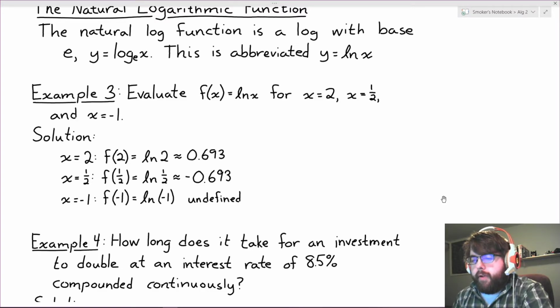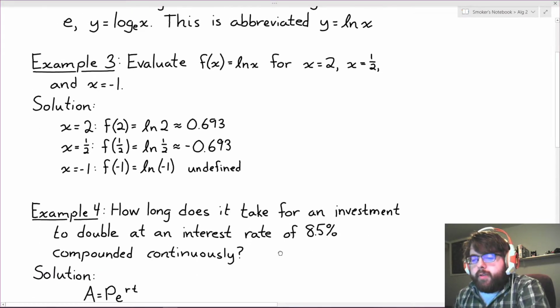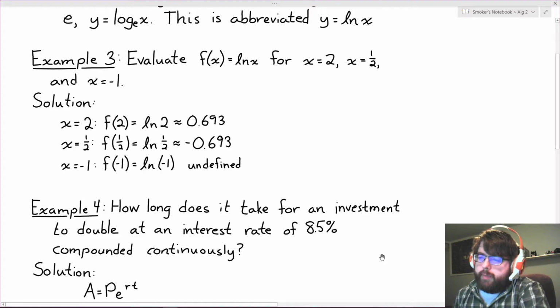How long does it take for an investment to double at an interest rate of 8.5% compounded continuously? Excuse me. So compounded continuously, referring back to part 1 of these notes, the formula for compounding continuously is the final amount is equal to the principal times the number e, to the power of the interest rate times the time.